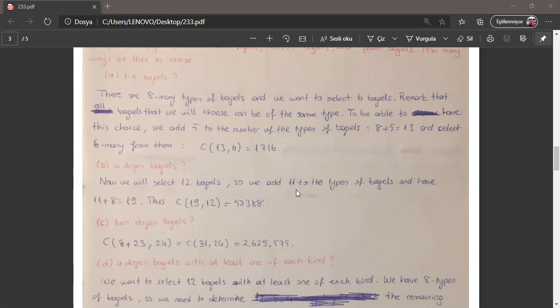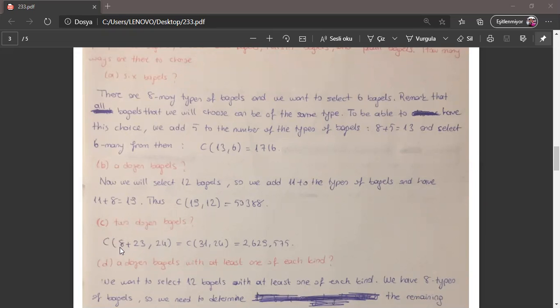So we had before 8 types. 8 plus 11, we get 19. How many bagels do we choose? We choose 12 bagels. So we compute this combination and get this number. What about 2 dozen, which means 24, right?